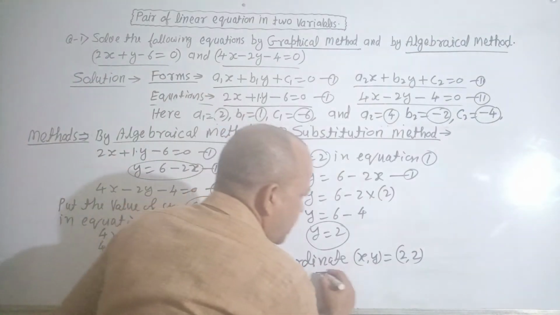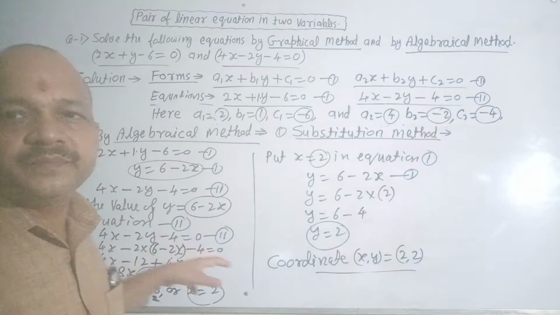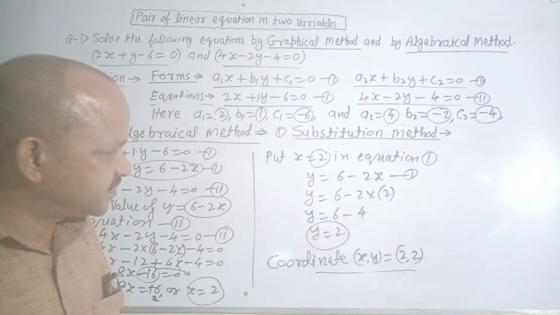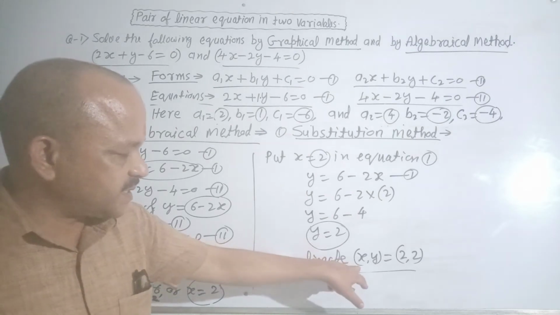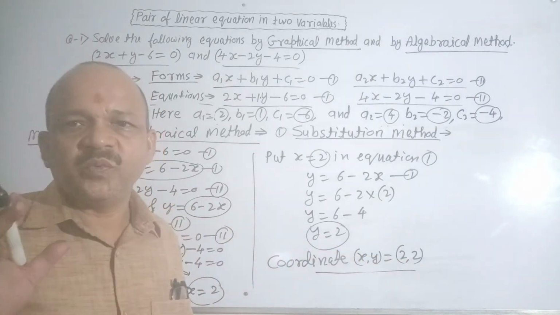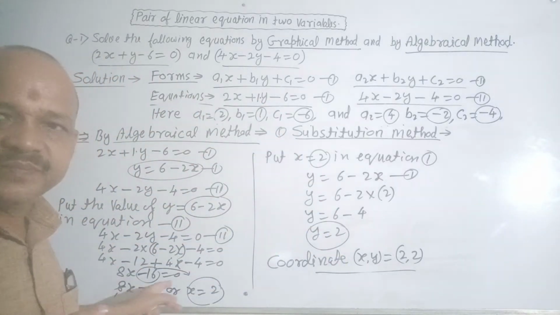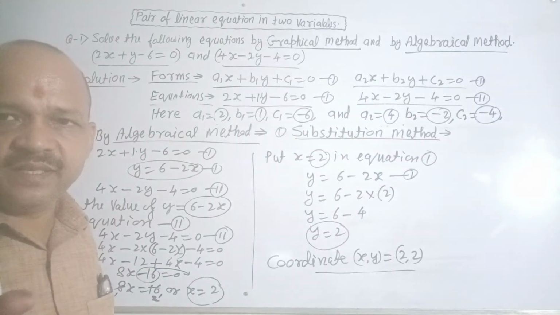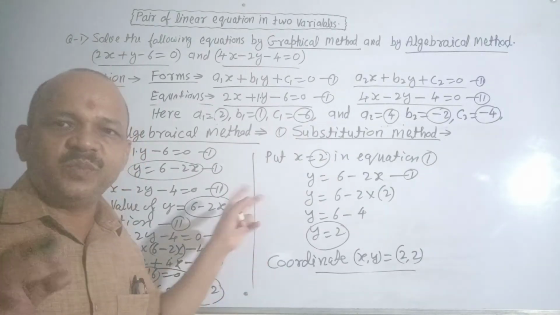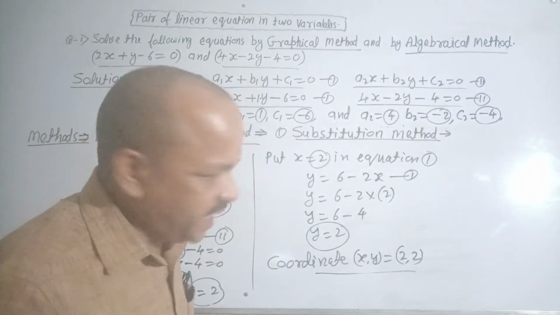Clear? You solve your question by substitution method and you find the values of x and y, 2 and 2. Substitution method is clear? No confusion about it? Very good. It is very easy. Clear? Next step.